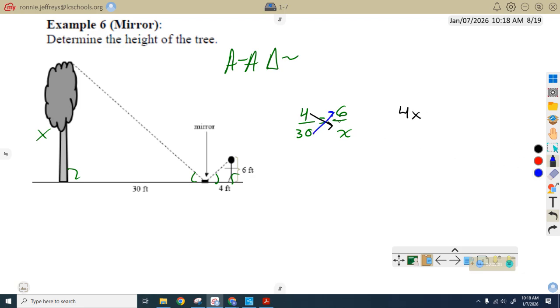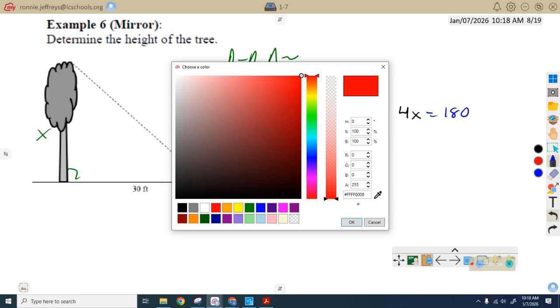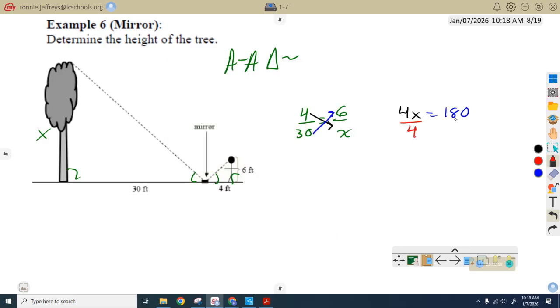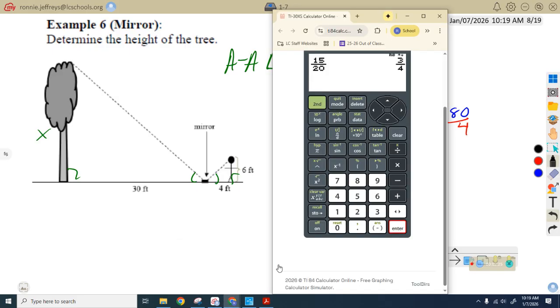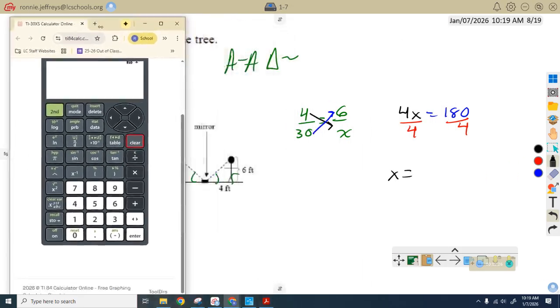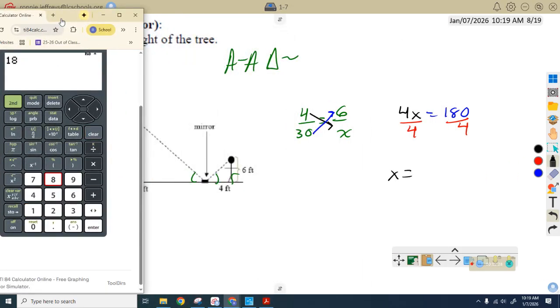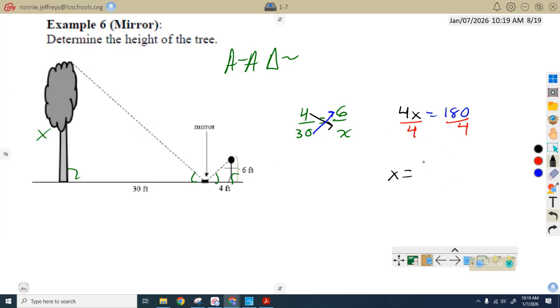And the reason why I'm color coding these, I had somebody that wasn't really paying attention, which, imagine that, and then all of a sudden they ask a question like, how do I get these numbers? So that's why. So we have x equals 180 divided by 4. So this would be 45 feet.